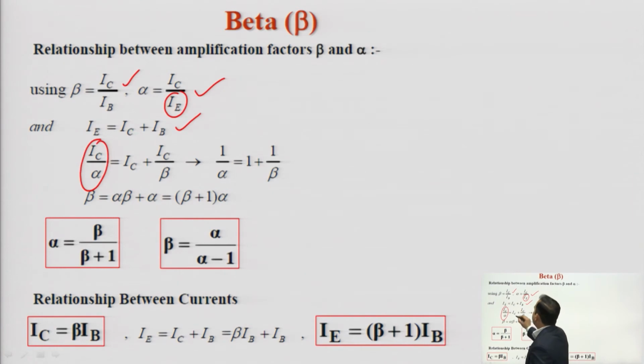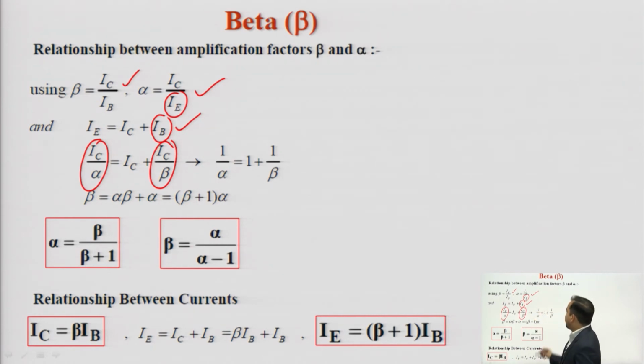Again, instead of IB we will replace IC by beta, and this IC will be cancelled out and we will be left with 1 by alpha equals 1 plus 1 by beta, and if we simplify this we will have alpha equals beta by 1 plus beta, and here beta equals alpha by 1 minus alpha.